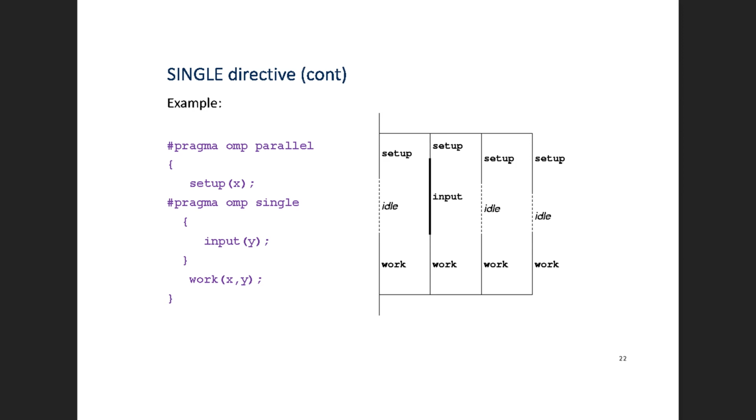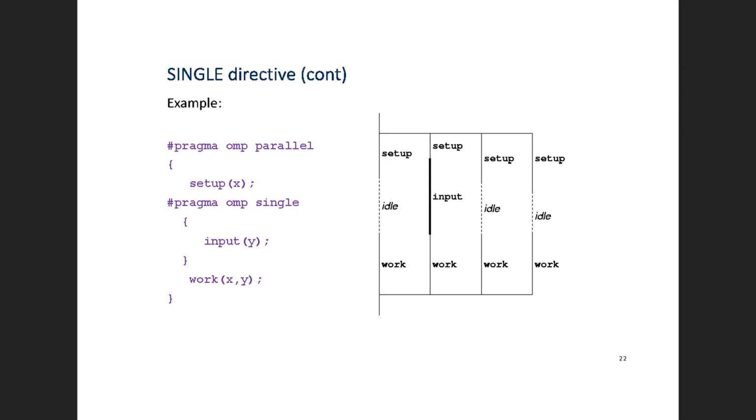You then want to read a variable y from a file, say, and then you want all threads to call some other function that uses both x and y. So what you might do is say, okay, for the parallel region, all threads call setup.